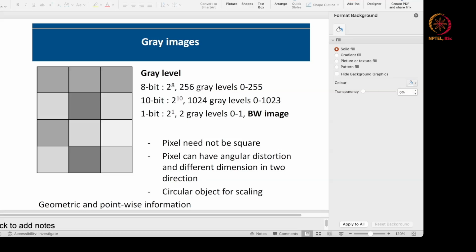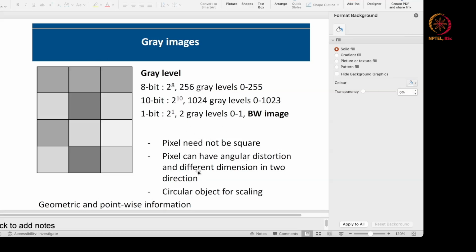The number of bits used for intensity values is also known as the bit depth. Higher bit depth, which is what you have for 12-bit and 16-bit, is not necessarily a great thing. The pixels also need not be square.